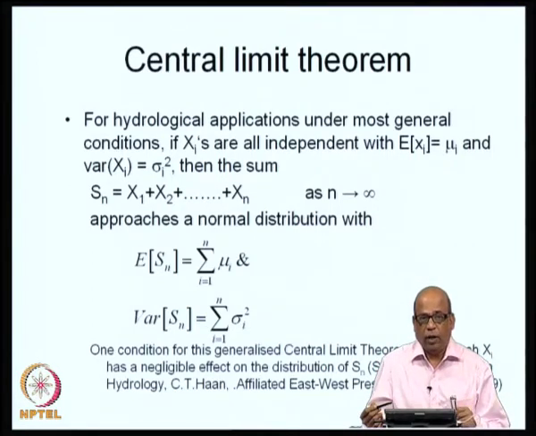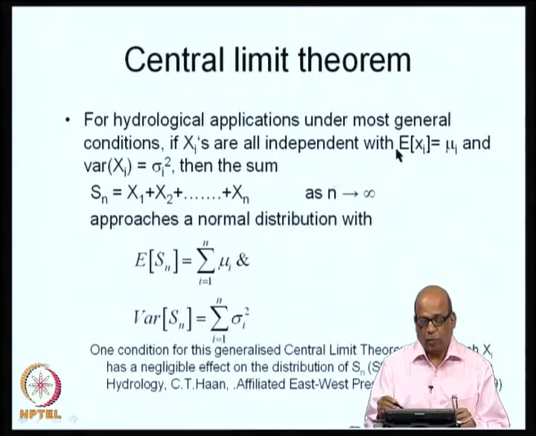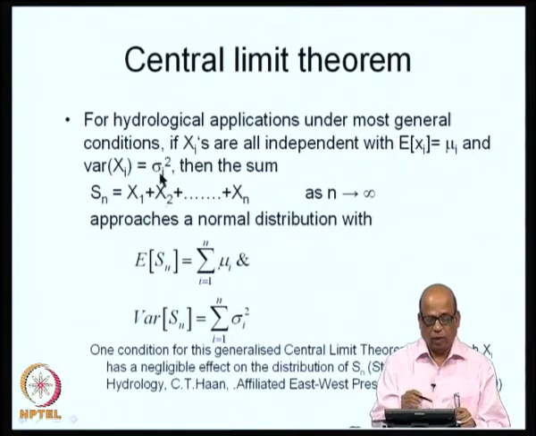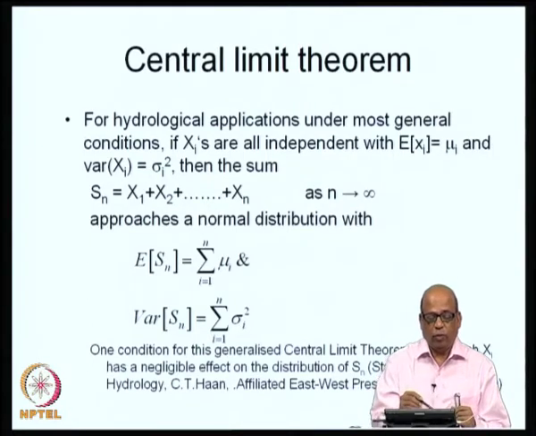So, for most hydrological applications, under some general conditions, if Xi's are all independent with expected value of Xi given by mu_i and variance of Xi given by sigma_i square, that means we are relaxing the requirement that they are all identically distributed. X1 has a distribution, X2 has its own distribution with different parameters, X3 has its own distribution with different parameters and so on.